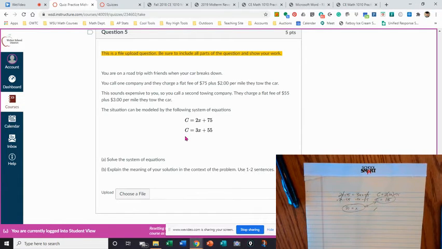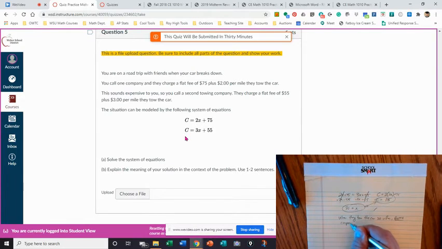Okay, what does that mean? Well, x is 20, that's the number of miles. Okay, so when they tow the car 20 miles, both, and this is a key thing to understanding a system, both companies, not just one of them, when they tow the car 20 miles, the charge will be $115.